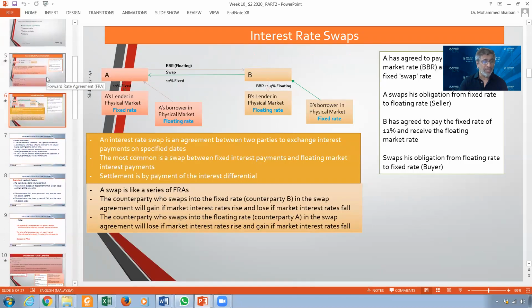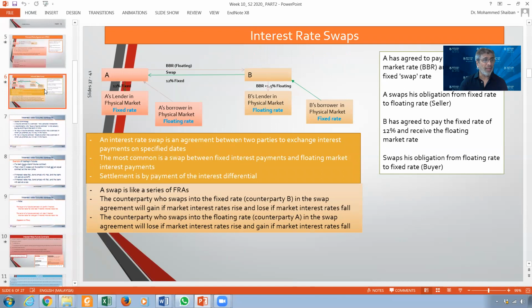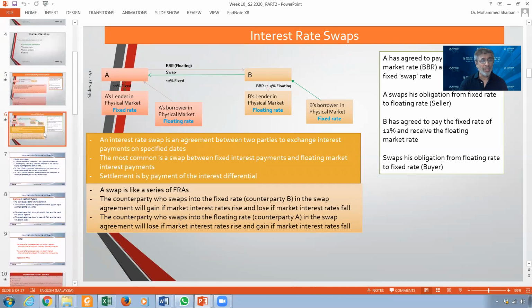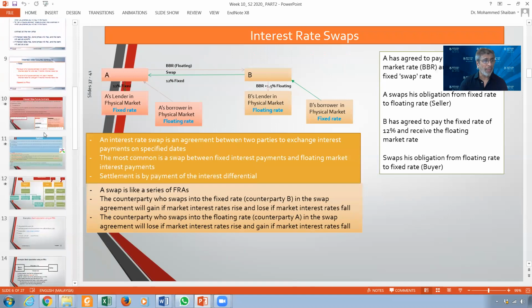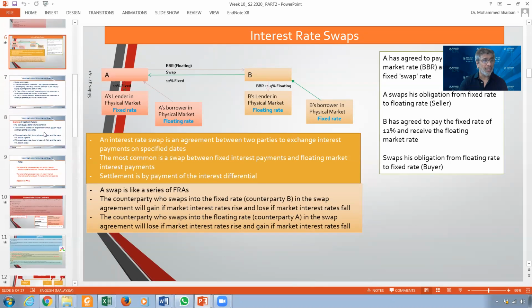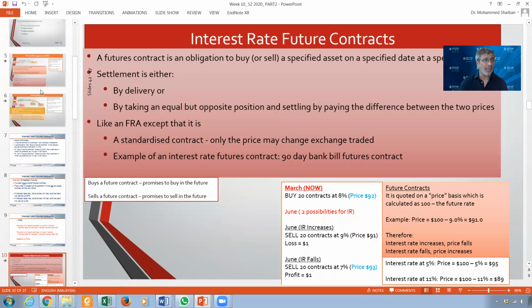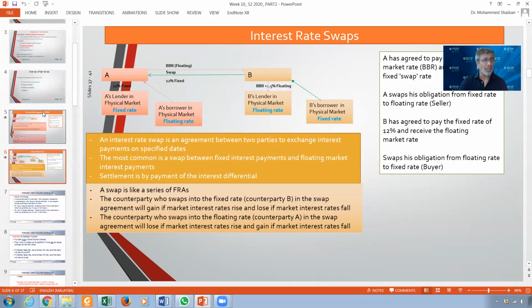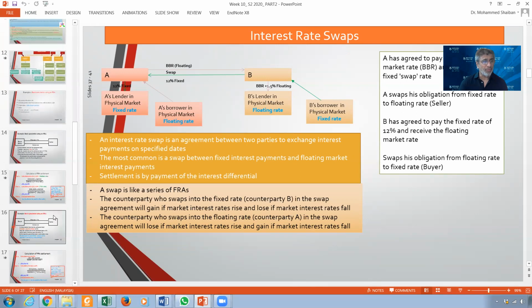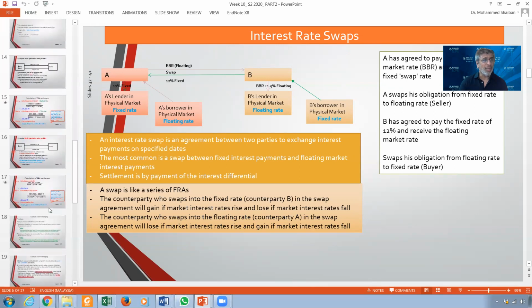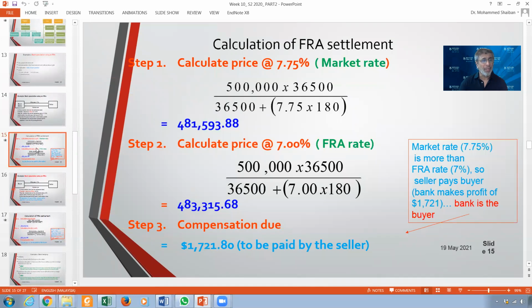In the forward contract, the only calculation coming is in the FRA, the forward contracts when it is speculation, when it is trading, and when it is hedging. Other than that, I don't want anything here. Here is only some theory about it, and for the future contracts also only some theory. This is all we have discussed this week.